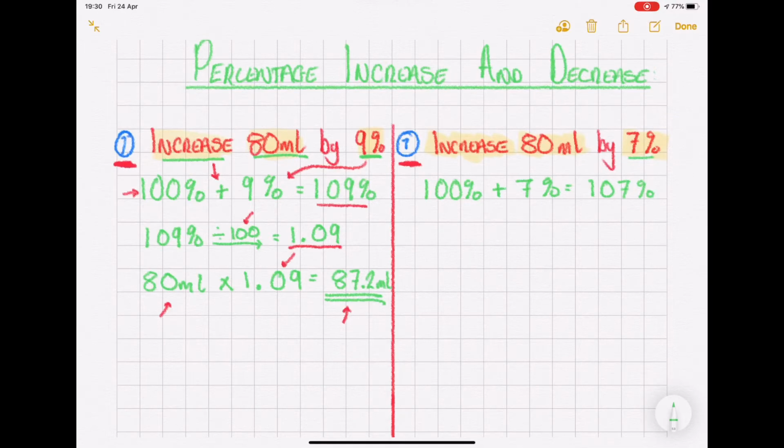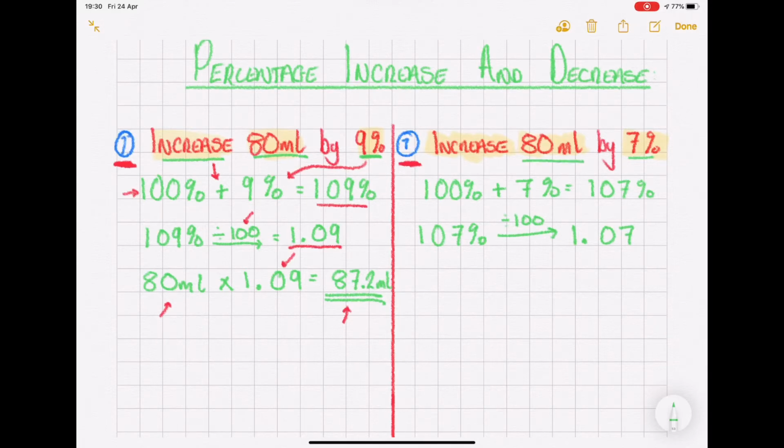Now we're going to find our percentage multiplier, so we do that by taking 107% and dividing it by 100. To give us 1.07.